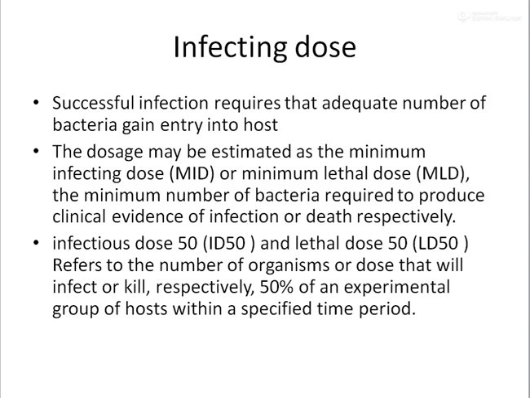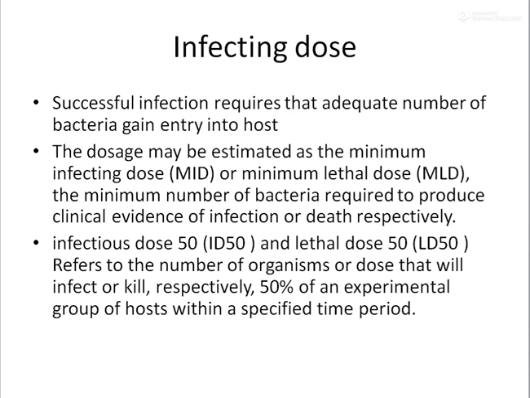Now, in addition to this, the infecting dose, or the number of bacteria which enter into the host, also plays an important role in virulence. You have mainly two terms here: the minimum infecting dose and the minimum lethal dose. The minimum infecting dose is the minimum number of bacteria required to produce clinical evidence of a particular infection, whereas the minimum lethal dose is the minimum number of bacteria required to produce the death of the host.